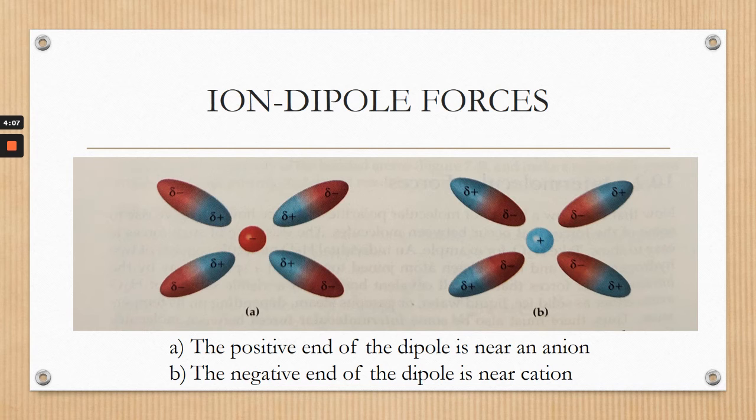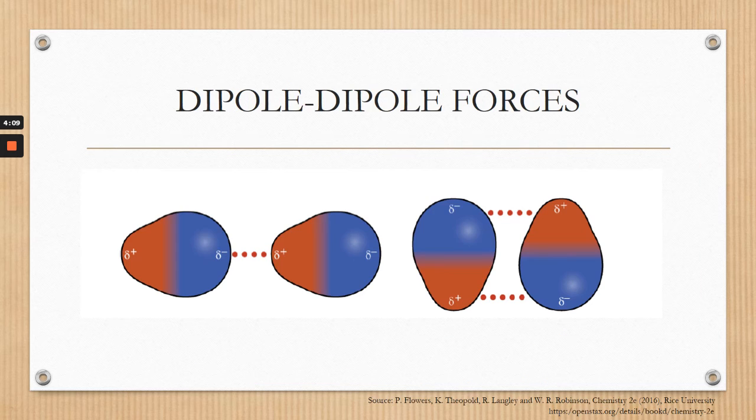So now we go to the dipole forces. Dipole forces are the electrical interaction among dipoles on neighboring molecules. Before this it was ion-dipole forces, which is among an ion and a dipole, right?